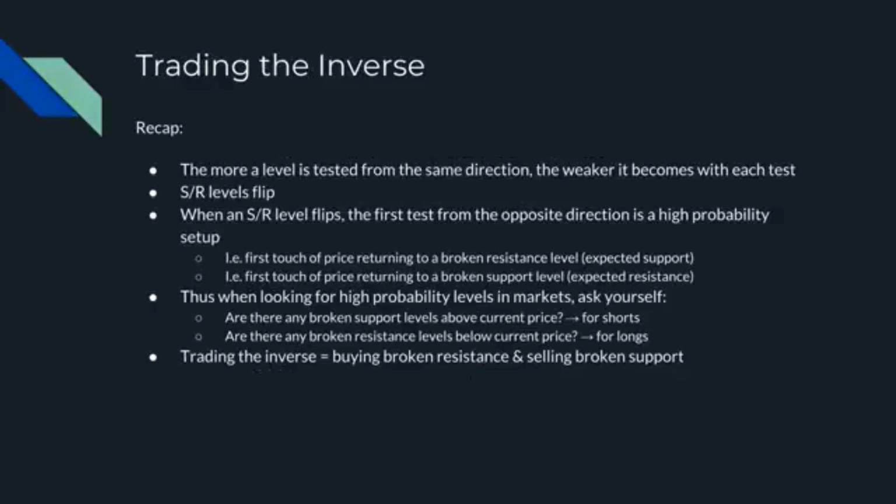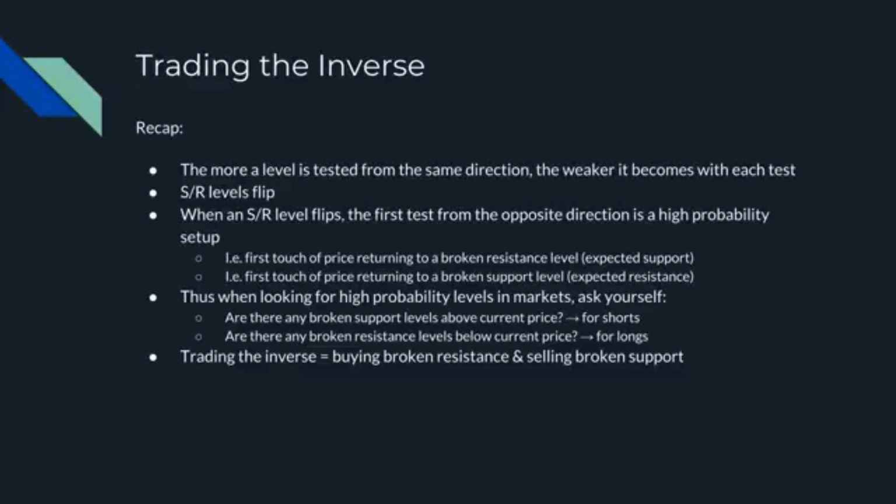So trading the inverse, what does it actually mean? Well, let's do a quick recap. The more a level is tested from the same direction, the weaker it becomes with each test. We also know that SR levels flip. Broken support will turn into resistance, and broken resistance will turn into support.